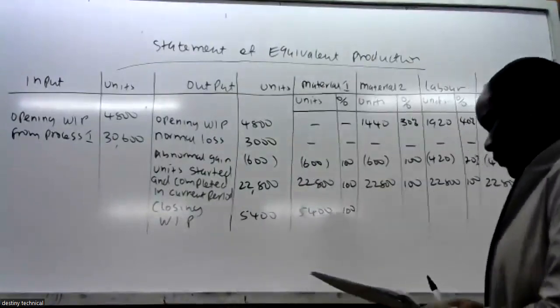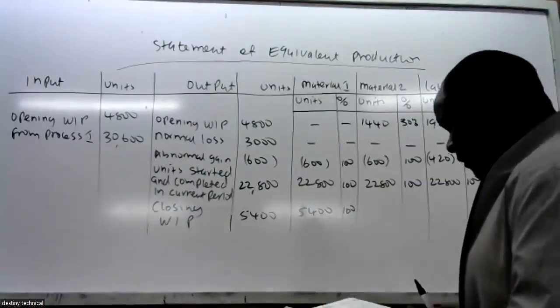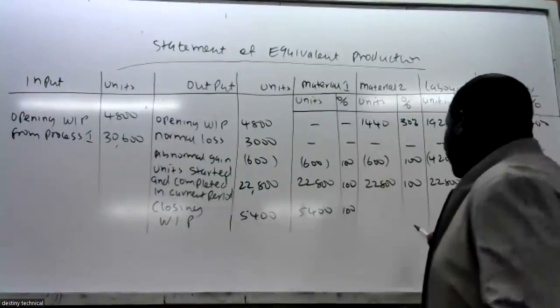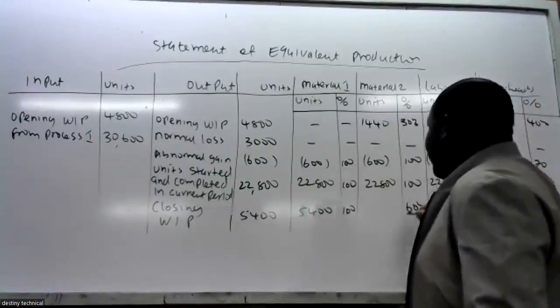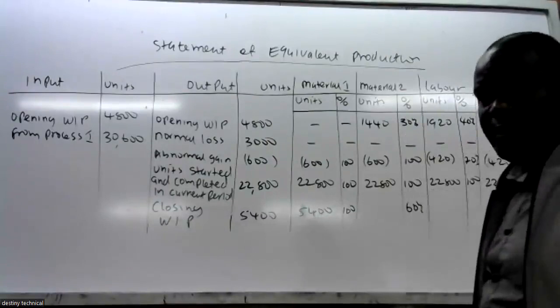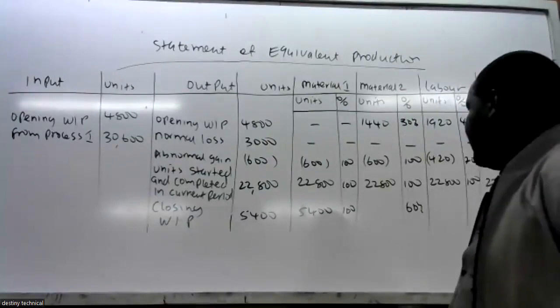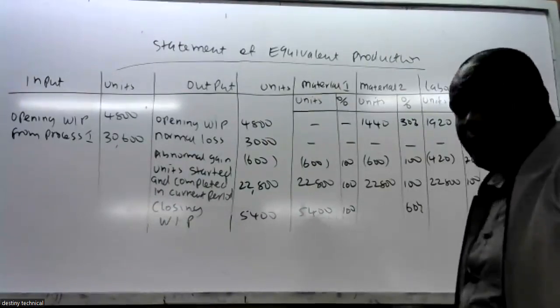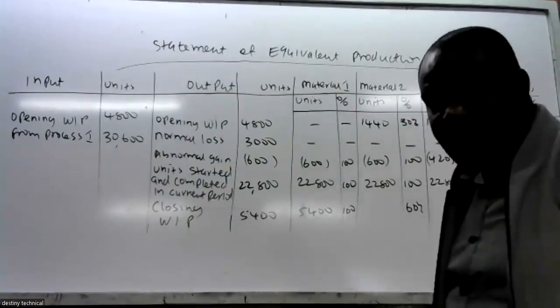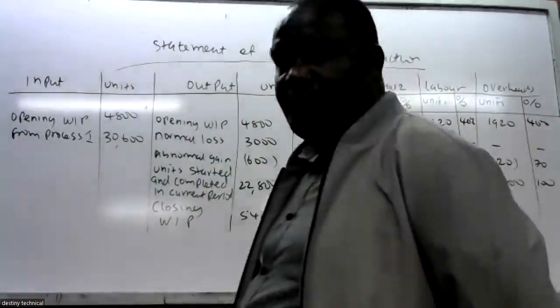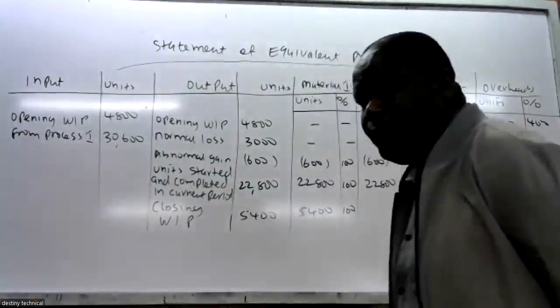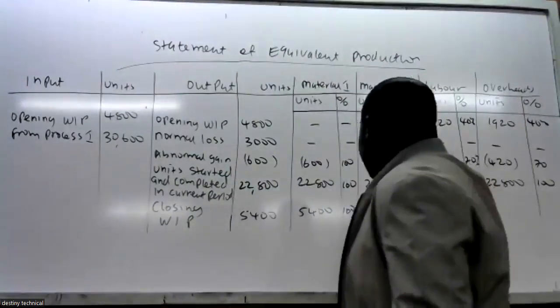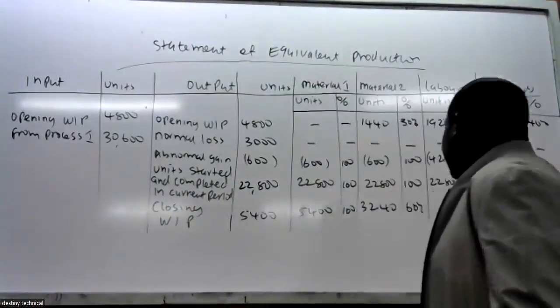Then material 2 is 60%. So what is 60% of 5,400? It is 3,240.